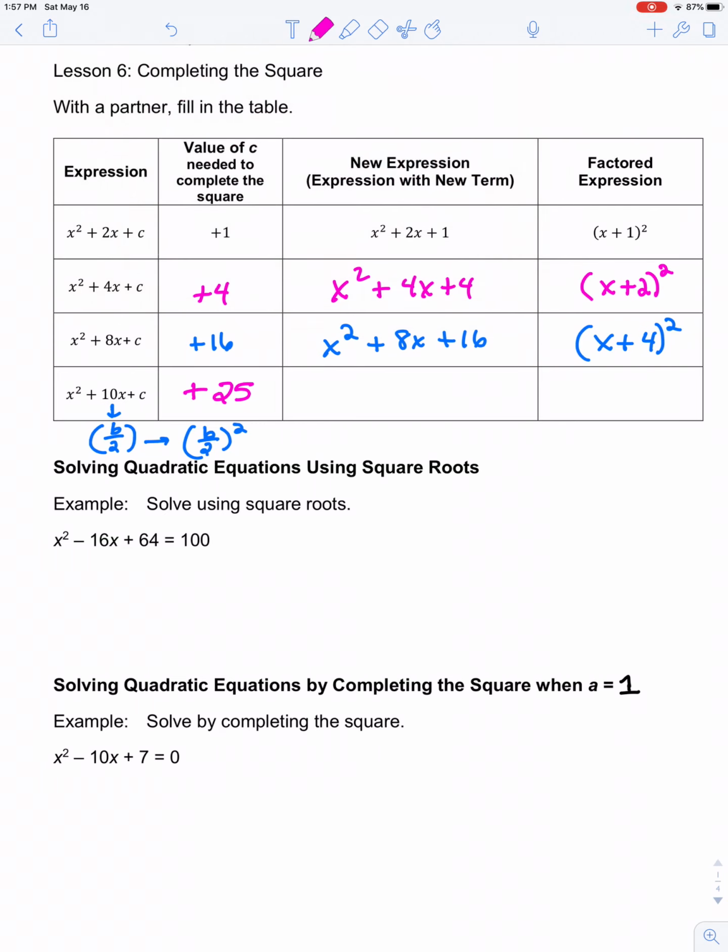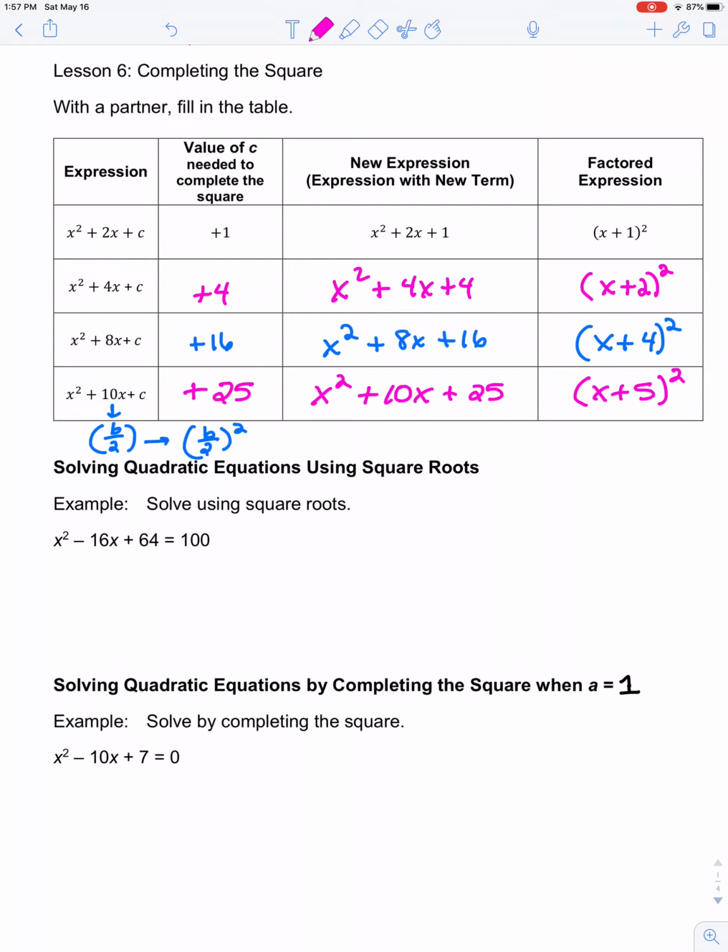We write the new expression with c, so we have x squared plus 10x plus 25, and then the factored expression, x plus 5 quantity squared.